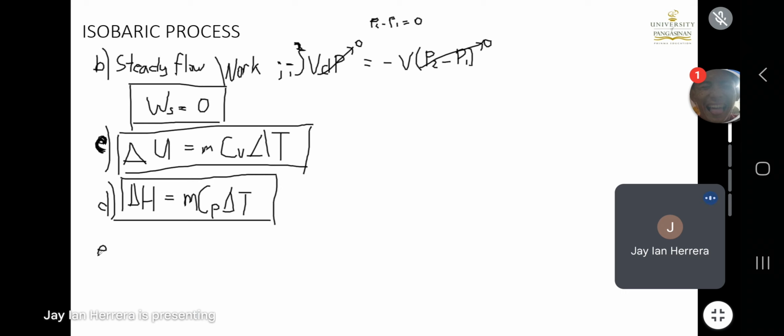Next is our heat transfer, or just heat. Heat transfer Q is equivalent to delta U plus flow work.